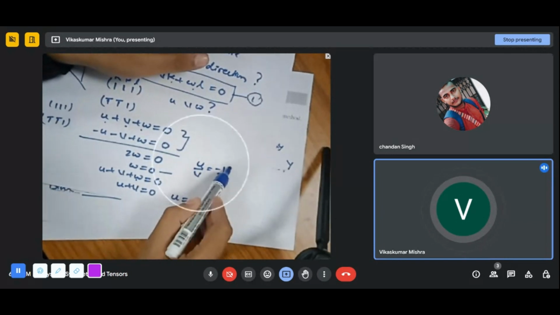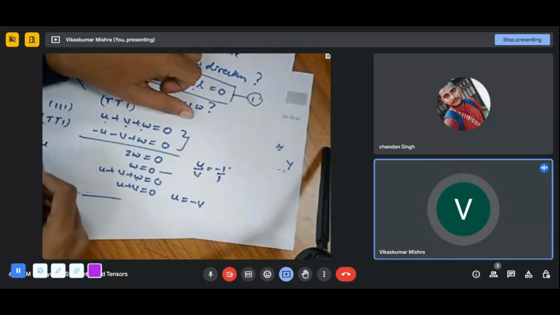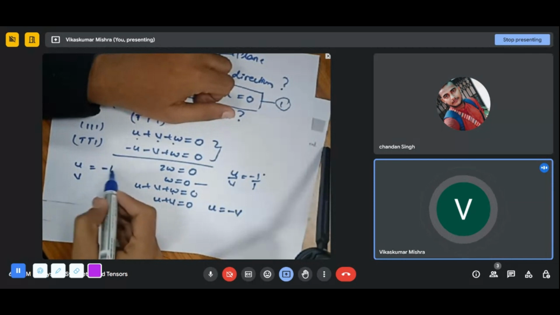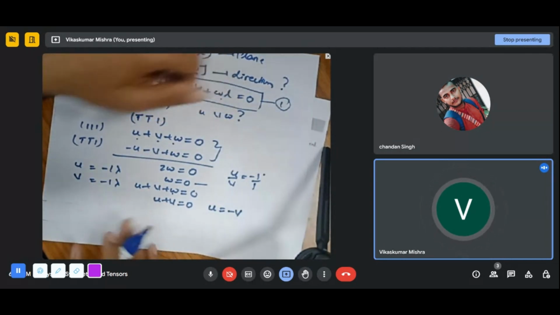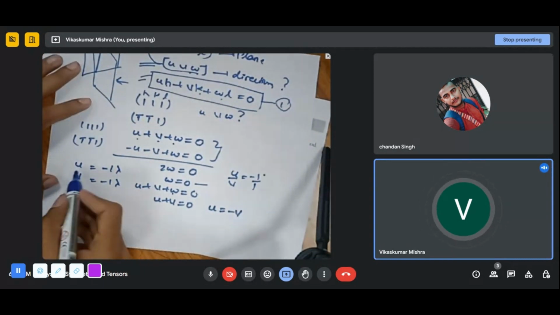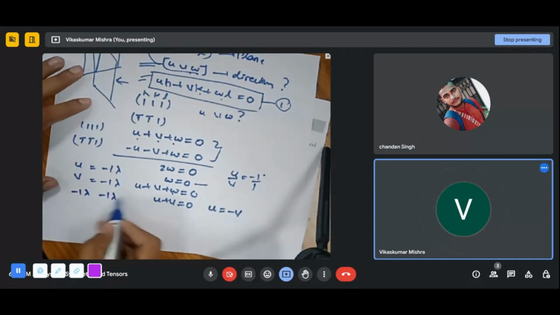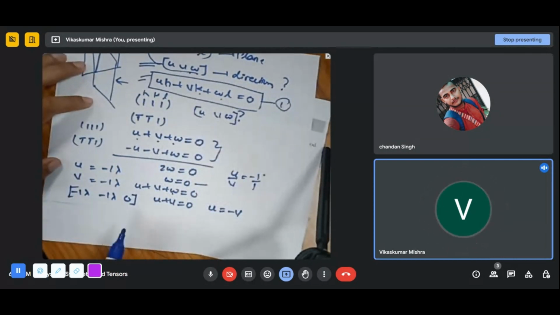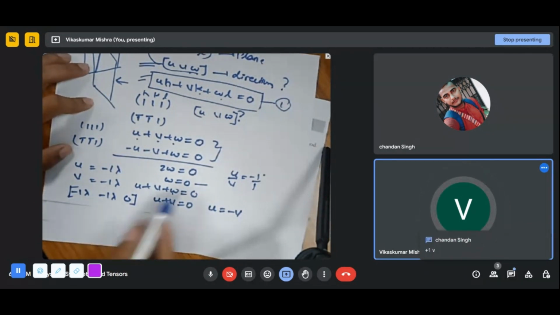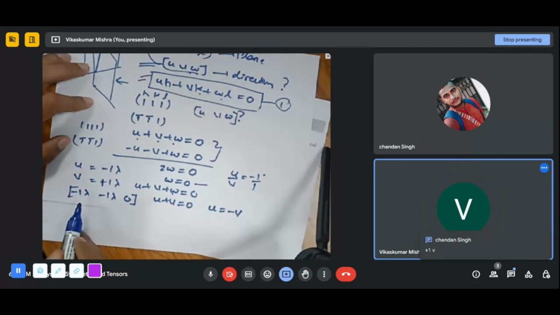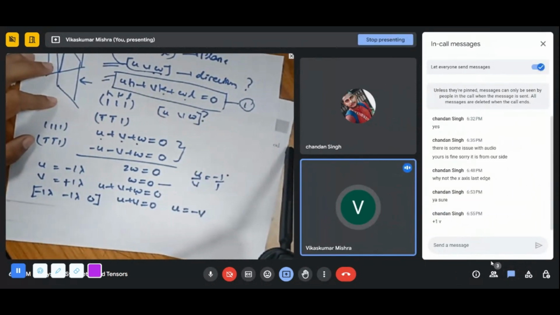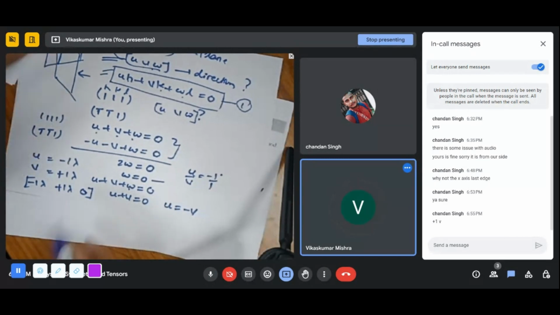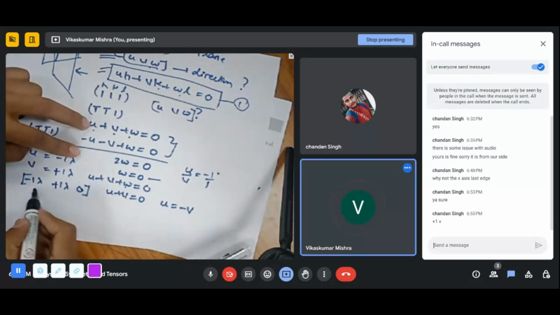We are not interested in the factor, so U is minus 1 lambda, V is plus 1 lambda, and W is 0, pardon me, V will be plus. Now we simplify by dividing the entire thing by lambda, and we get the answer to be (minus 1, 1, 0).